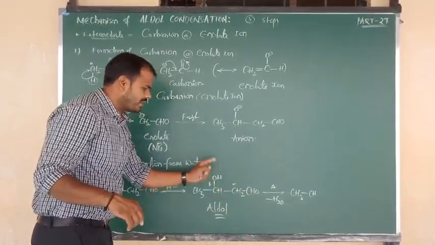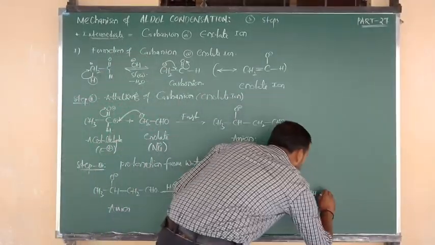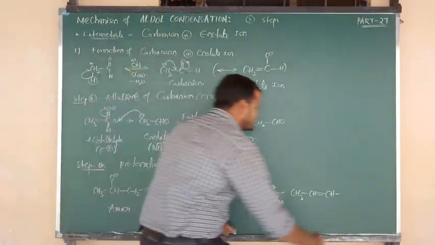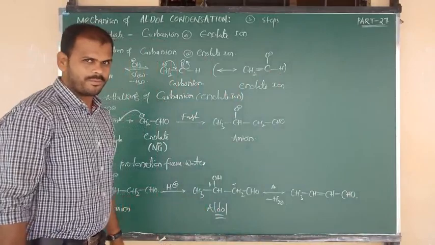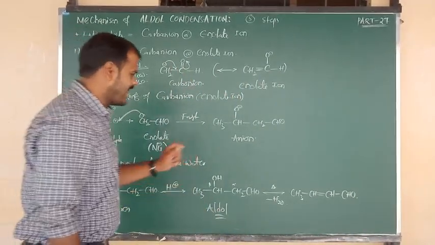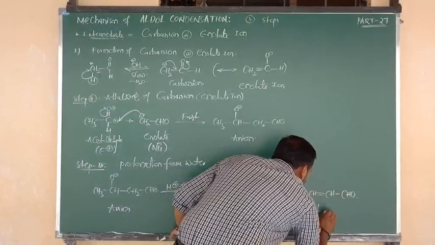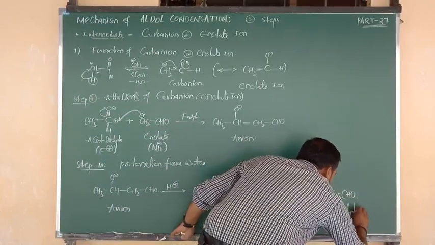After removal of water between alpha and beta, single bond becomes double bond, followed by the functional group, which is CHO. Okay, all of you? Right. So this is your final product, 2-butenal, and the common name of this compound is crotonaldehyde.